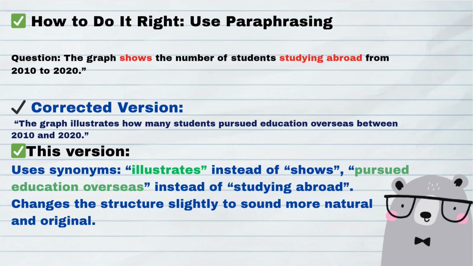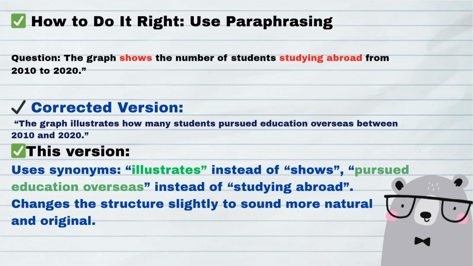Instead of using studying abroad, you can use pursued education overseas. Abroad means overseas, between 2010 and 2020. And this is usually the correct version, because here you used illustrates instead of shows.